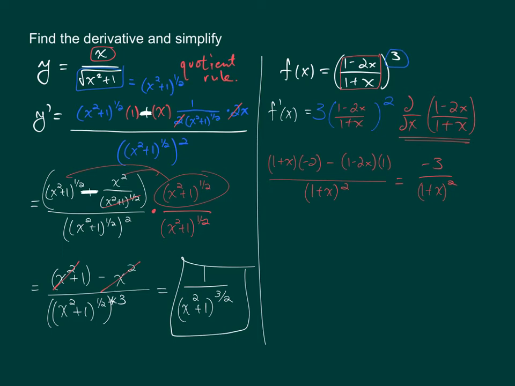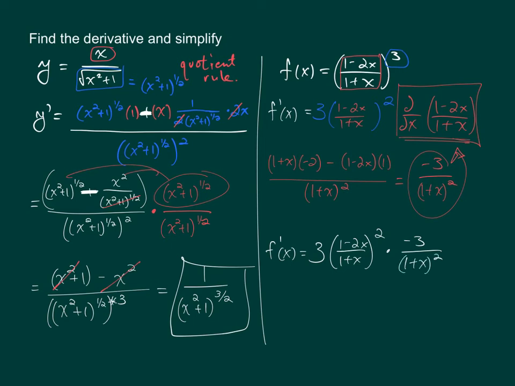So what I'm going to do now is replace this derivative with this expression. So that will give me a derivative that looks like this. f prime of x equals 3 times 1 minus 2x over 1 plus x, the quantity squared, times -3 over 1 plus x, the quantity squared.